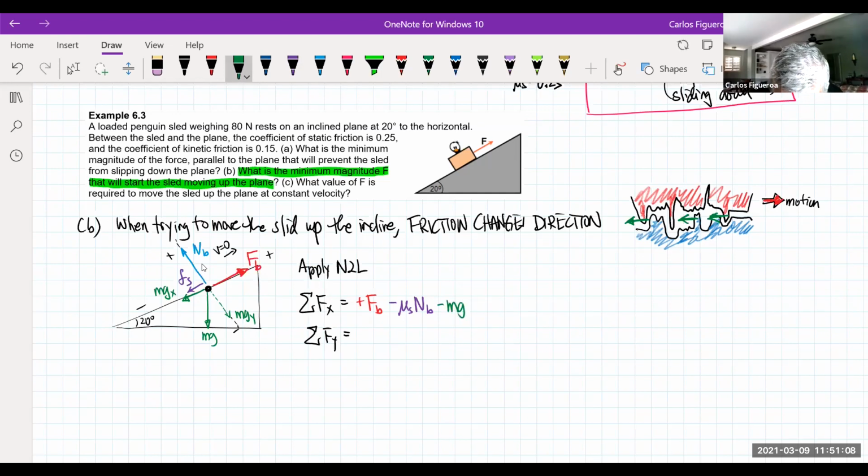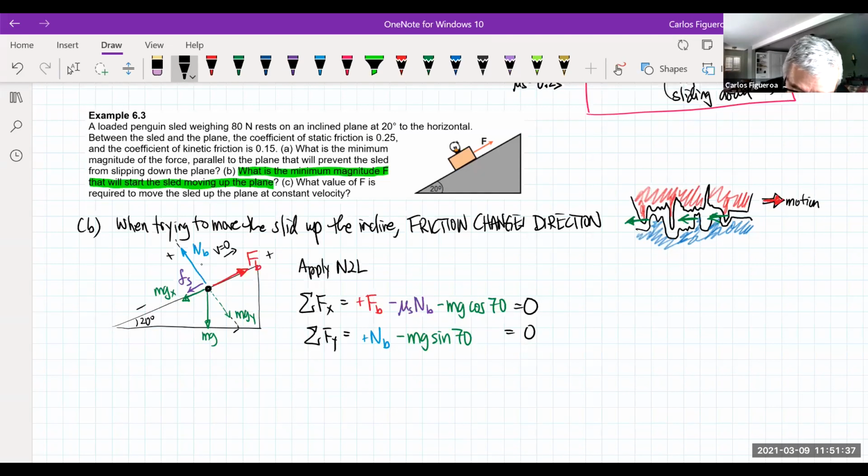But mgx, we already said, this was cosine of 70 degrees. Again, this thing is in static equilibrium. And if I do the same thing as before, this normal NB is then being counteracted by mgy, which is mg sine of 70 degrees. And of course, this is equal to 0.